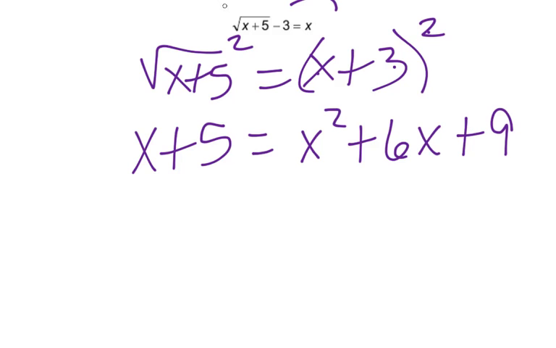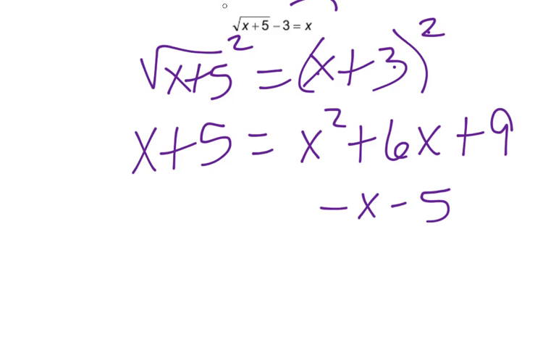Remember, when you're solving a quadratic, you want to get everything on the same side. So you're going to have to subtract x and subtract 5. Easiest thing to do is go to y equal, put in x squared plus 6x plus 9 minus x minus 5. Go to your table and see if you have a solution there. If it's a whole number, it'll show up.